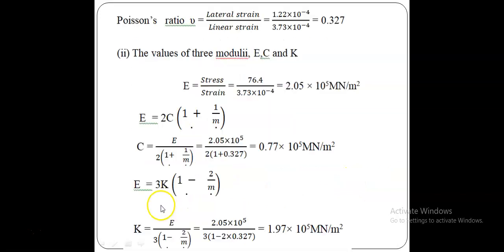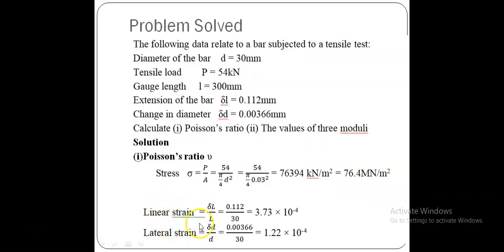Next let us find the linear strain. Linear strain is equal to del L by L. Here the extension of the bar is directly given, and we know the gauge length L is equal to 300 mm, so let us substitute and we have the linear strain.